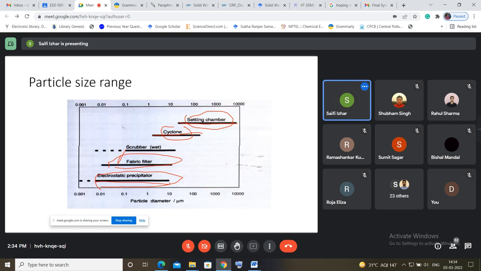Then these two, fabric filter and wet scrubber. Although wet scrubber we discuss in the gaseous pollutant, we'll again go through it briefly, because among all these five control options, the wet scrubber is advantageous because at the same time it can remove particles and also the gaseous pollutant.